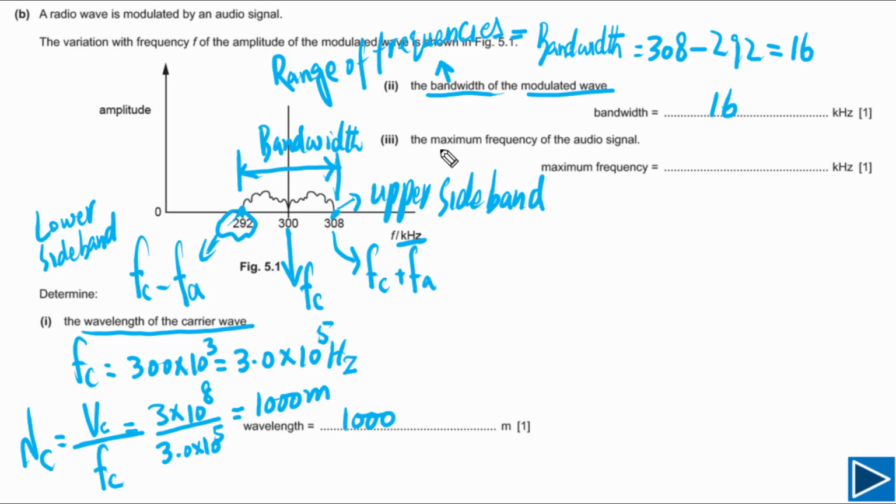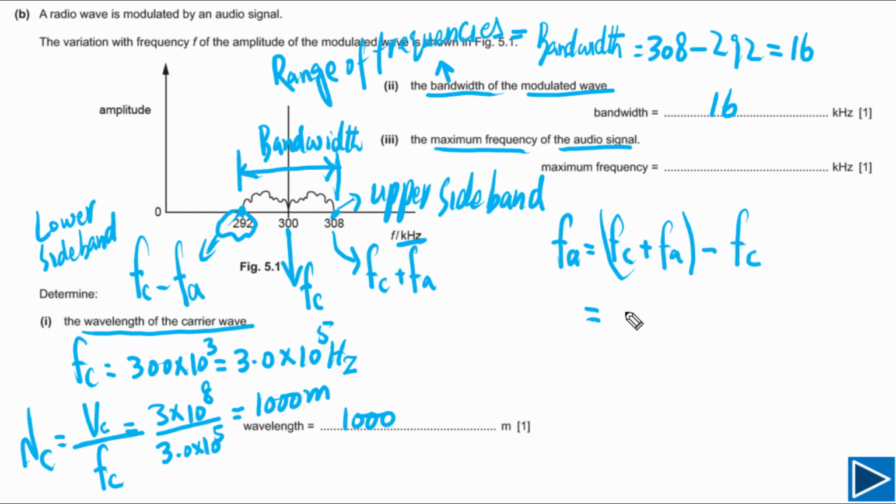Next one, the maximum frequency of the audio signal. We need to find the maximum frequency. Now you can see here, this is the frequency of the carrier wave, and this is the frequency of carrier wave plus signal. So from here we can find the frequency of the signal. This is simply the frequency of carrier wave plus signal minus the frequency of carrier wave.